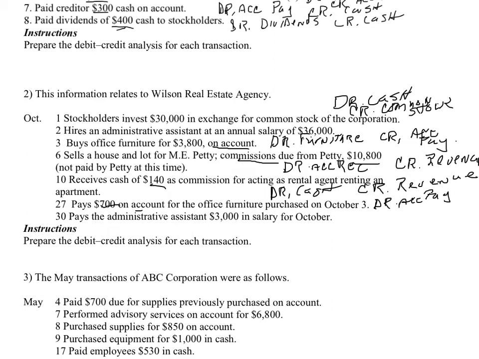And my cash also goes down, credit, cash. Then I pay the administrative assistant $3,000, so they perform services and I owe them. Now this is a debit to the expense, and this is called salaries. So expenses are always debited, and I either pay them cash or I owe them accounts payable. So the credit here is cash, I paid them. And that completes the second one. One more.